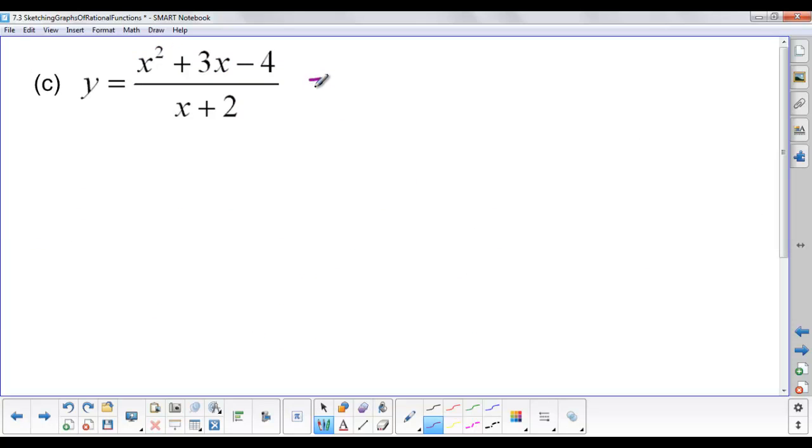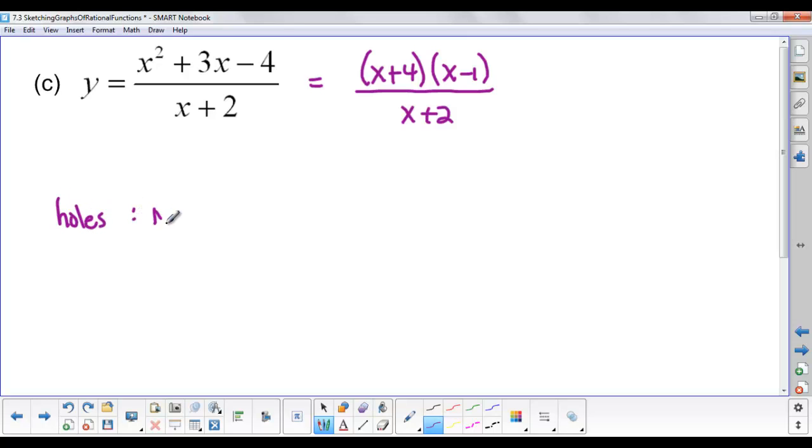So again, we will factor, and when we factor the numerator, we actually get x plus 4 and x minus 1. In the denominator, we get x plus 2, nothing to factor there. So we have no common factors, so when it comes to any holes in the function, there are none.